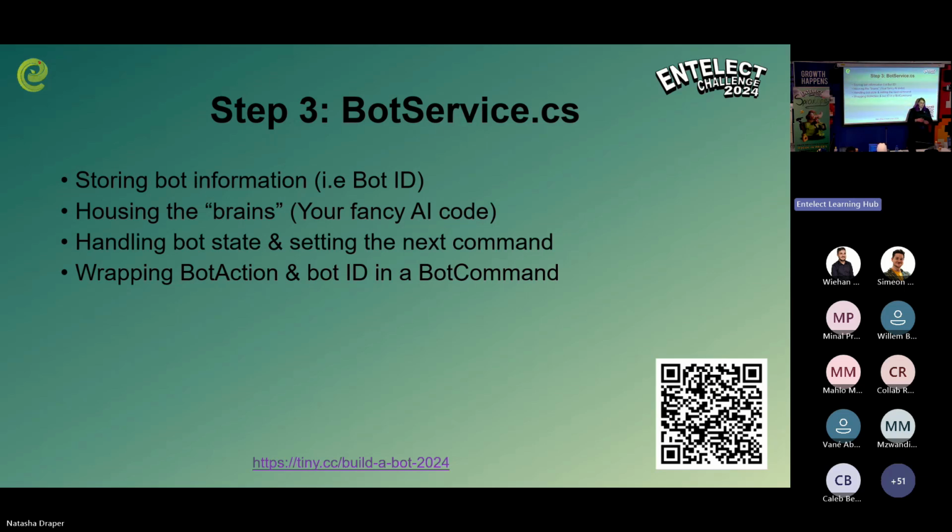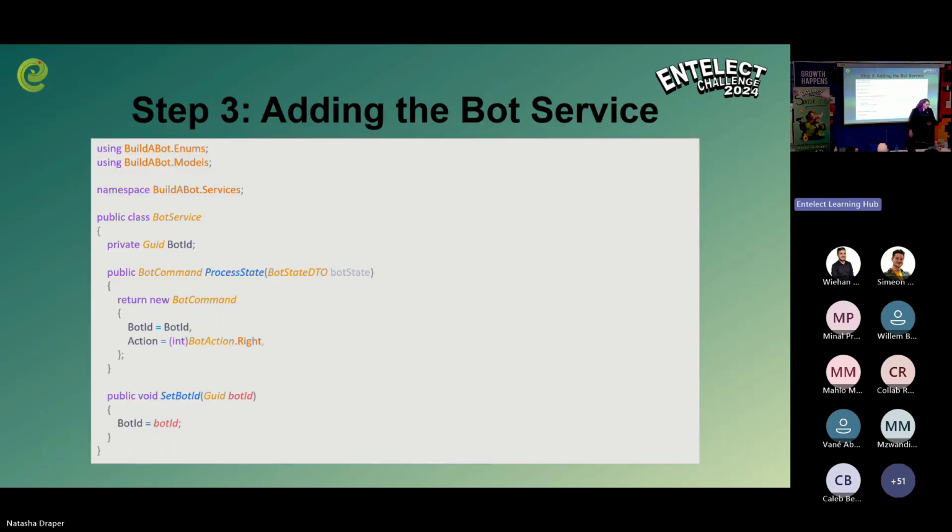It's also going to wrap the bot action and the bot ID into a bot command that it's going to then send back. To start with, I created a new services folder and put the bot service class in there with a variable and a setter for the bot ID. And then I added a process state function. When you implement your actual bot logic, that's where it's going to be wired up.